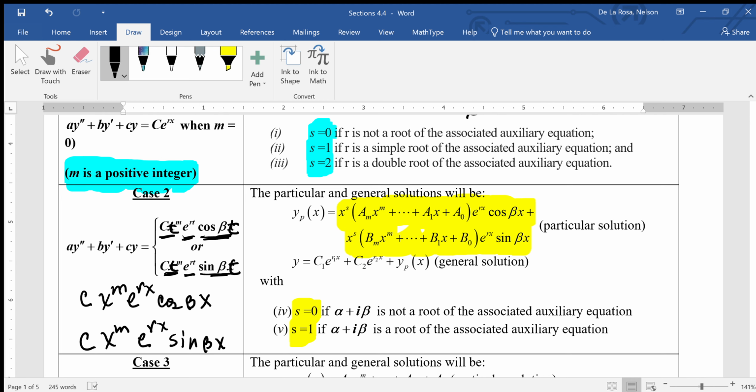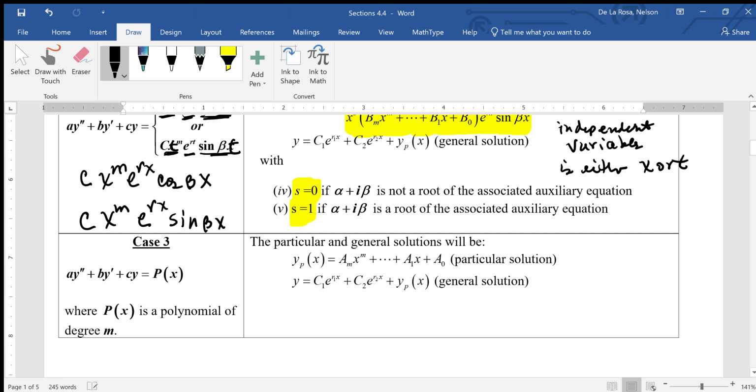So what I'm saying is that the independent variable is either x or t. The solution is going to depend on x or on t, depending on what is given in the problem.